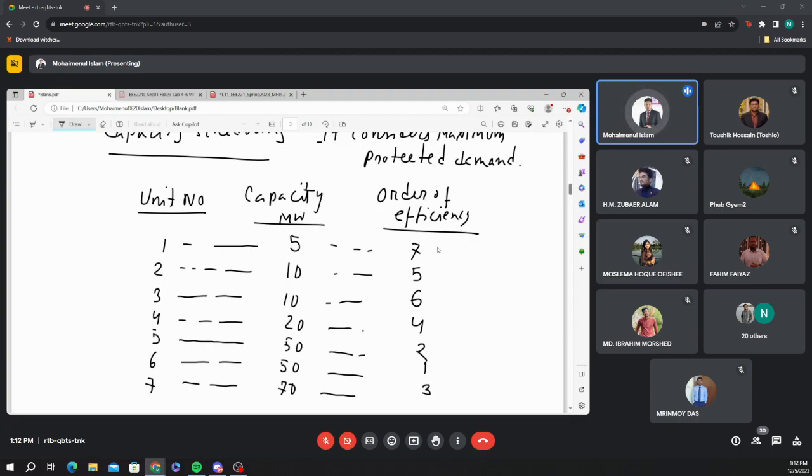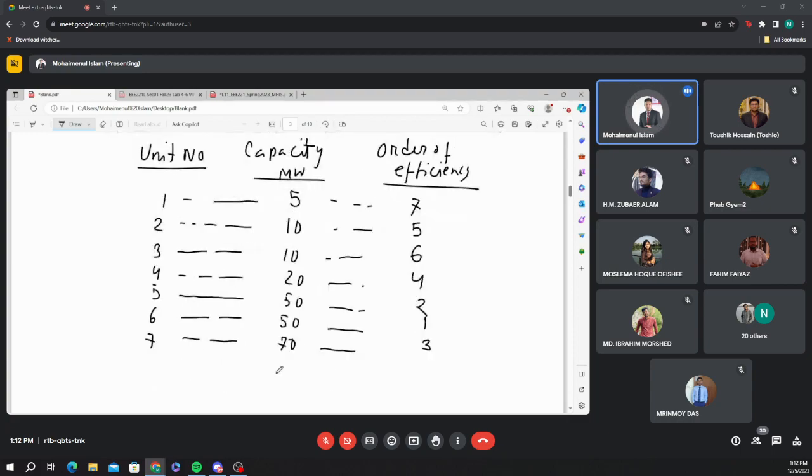So now you see there are several generator units. One has the maximum value and others have sequentially lower values, but the order of efficiency is random. Suppose your sixth generator, which has 50 megawatt capacity, provides the highest efficiency, and the next one also provides 50 megawatt at high efficiency.